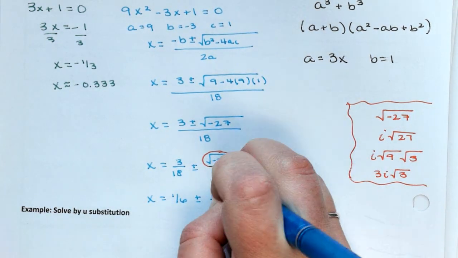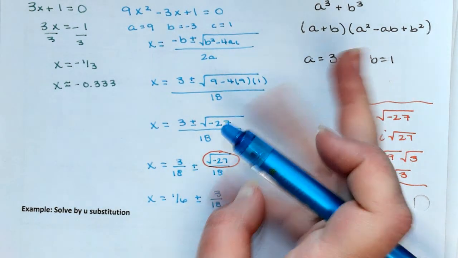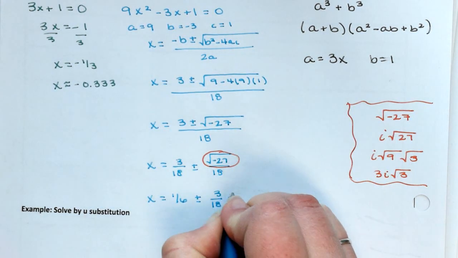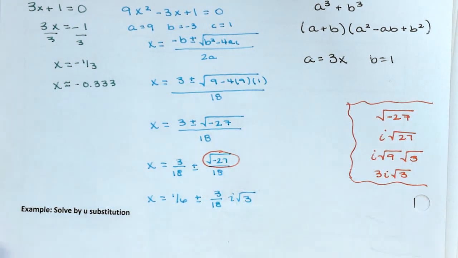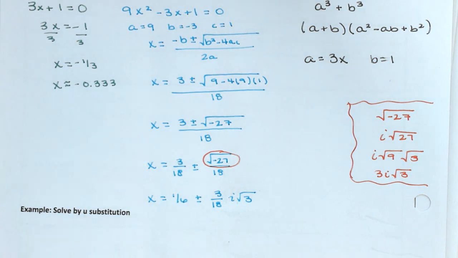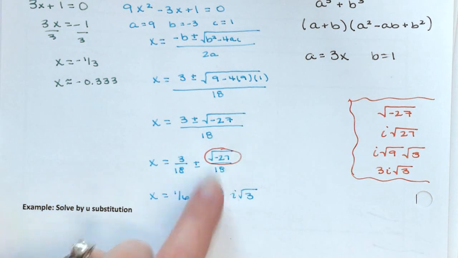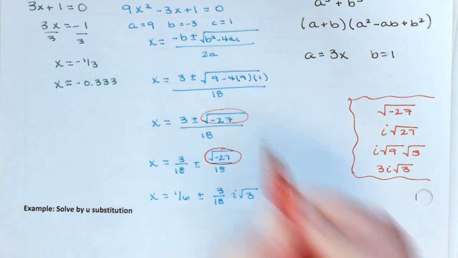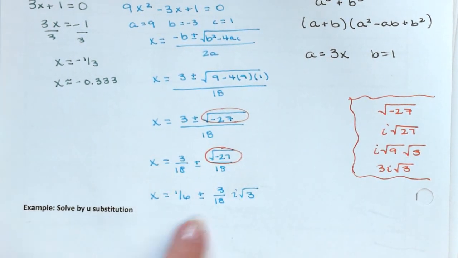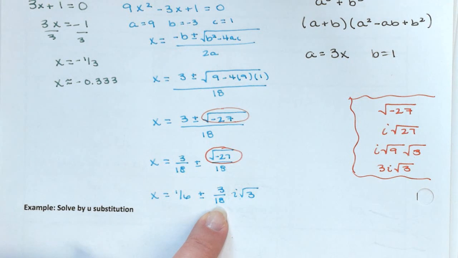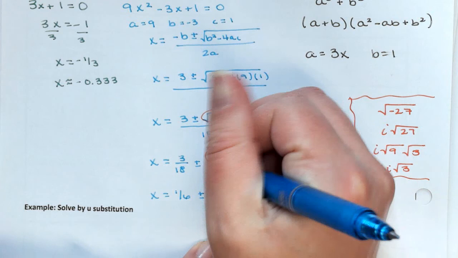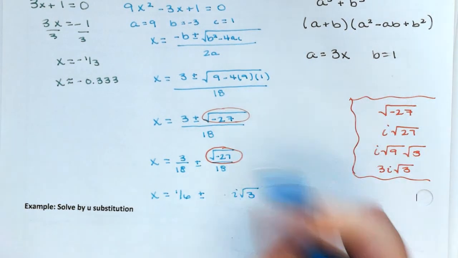So I'm going to write it 3 over 18 i square roots of 3. And you could have filled it in up here too. That would have been fine. It doesn't matter where you replace it. That's what we're going to get. But wait a minute, 3 over 18 also reduces. We just reduced it to 1/6, so it's going to become 1/6 right here again too.